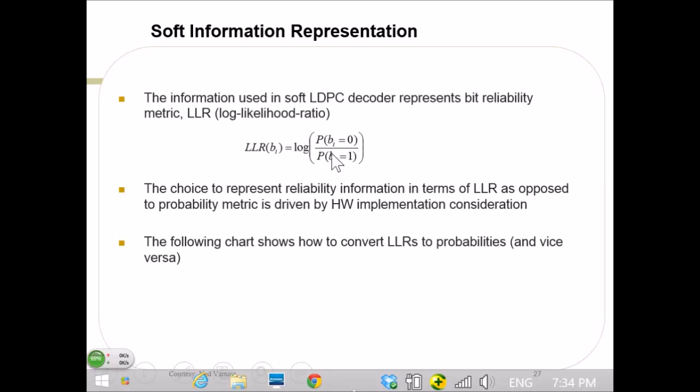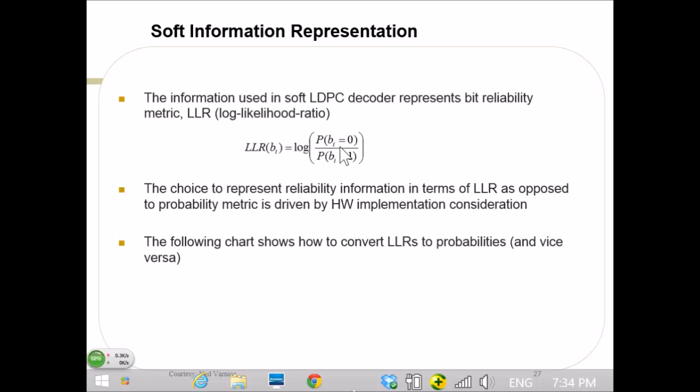Essentially, the reason we choose the LLR is that if you're dealing with probabilities, you need to do multiplication on those probabilities. With a logarithm, instead of a multiplication, you can convert it into an addition. That's one simplification in the computations. One example: if I receive 2 bits in error, what is the probability of receiving 2 bits in error?